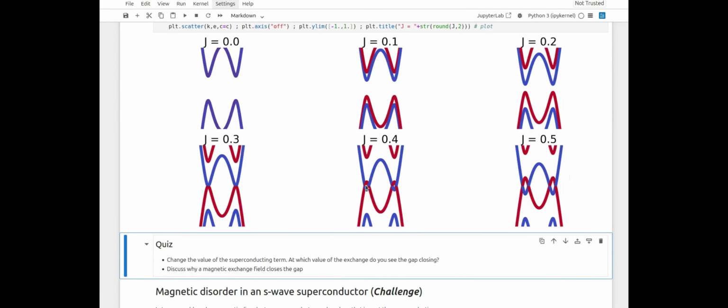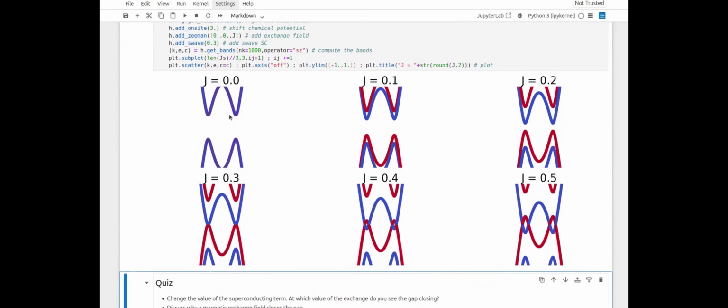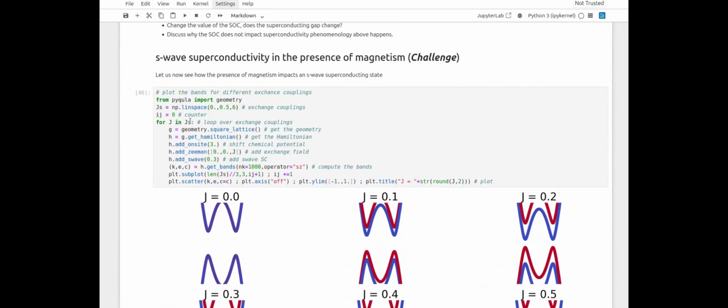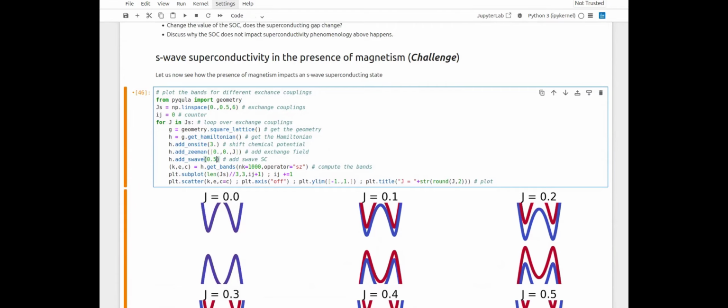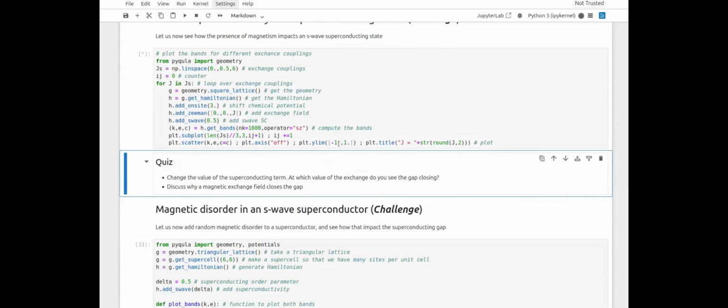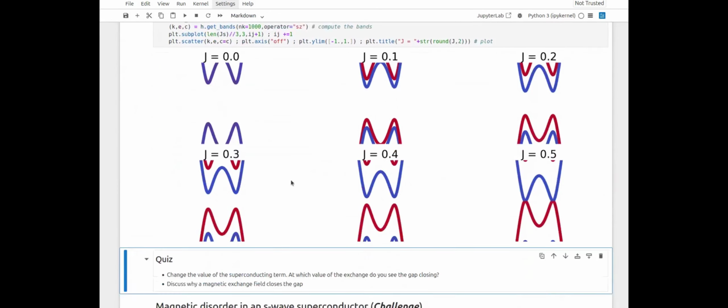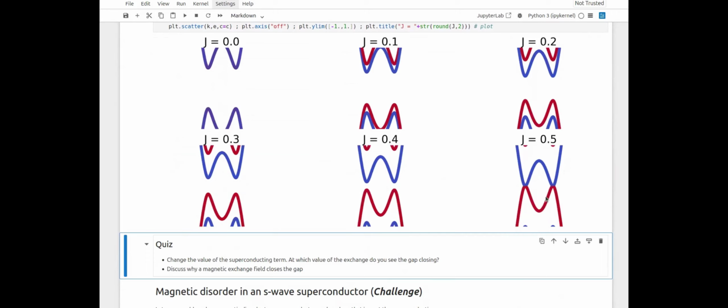And so, of course, the bigger the superconducting term, the later this closing due to the magnetism happens, right? So if we now increase the value of the S-wave order to something like 0.5, then the value at which J closes the gap becomes bigger, right?